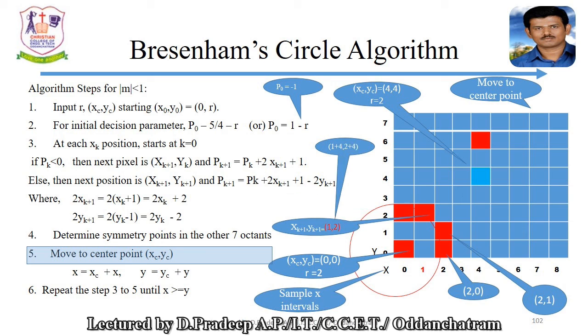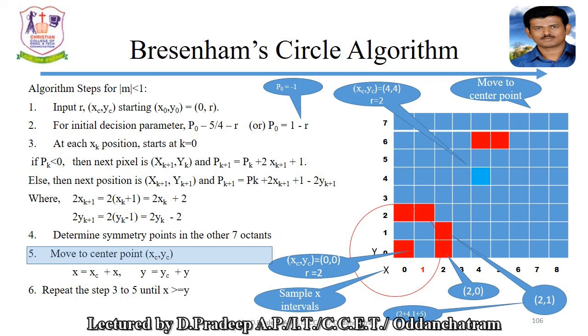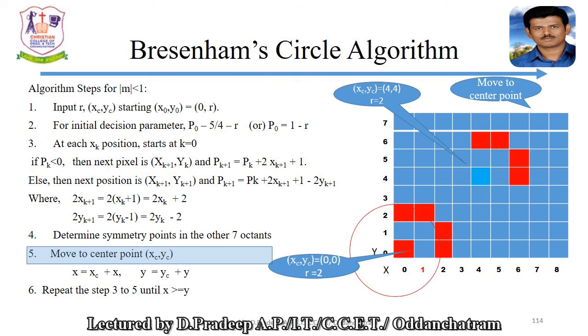Next 1 comma 2 is moved to 5 comma 6. Next 2 comma 1 is moved to 6 comma 5. And next 2 comma 0 is moved to 6 comma 4. So we can find the other octants.